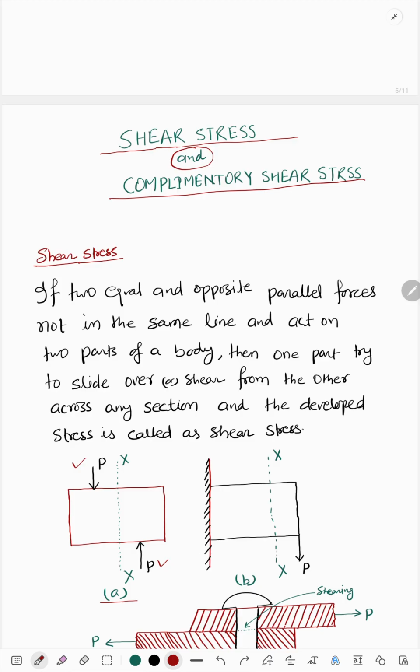As one end is fixed, due to fixity a reaction will act at the other side, and on one side load P is acting. The same situation will arise: at some section the material will try to shear up due to the application of forces.